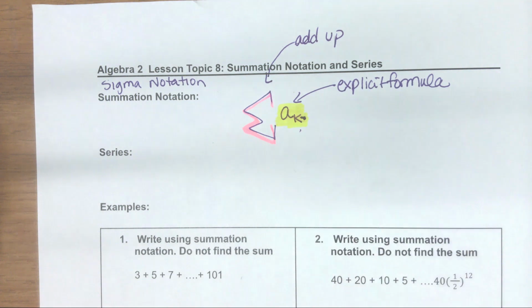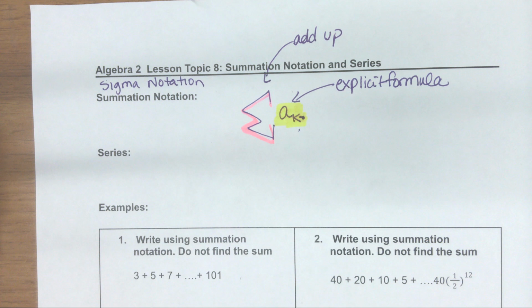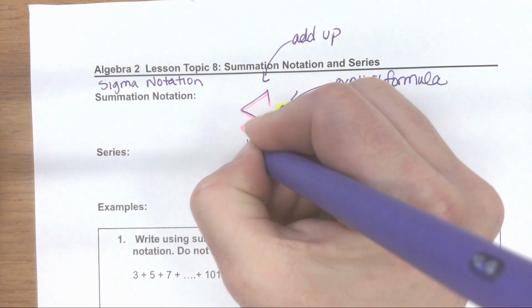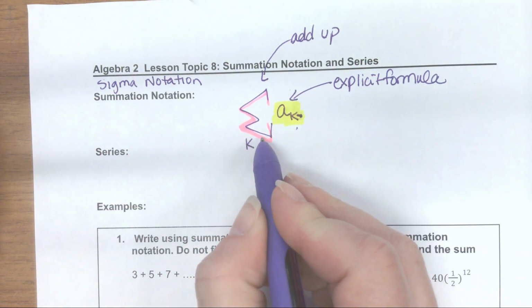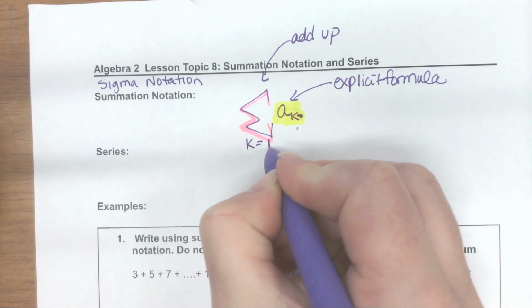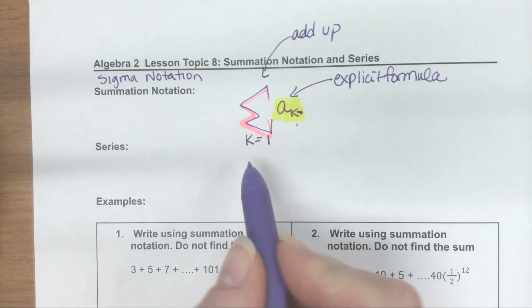The problem is that I have to tell you which terms, because otherwise we could keep finding more terms using that pattern forever. So we have to say which terms we want to add. At the bottom of the sigma, you see it tells you which terms. Typically we start at term 1, so A sub 1 would just mean term 1.